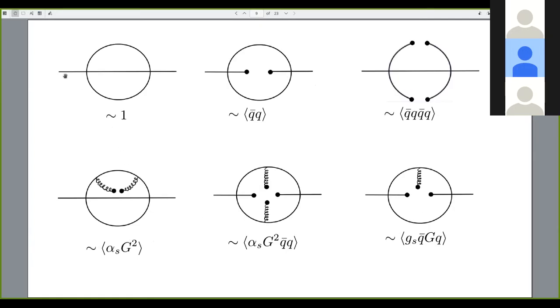So basically, we can see the first one is the perturbative, where we do not include the radiative corrections. Then the chiral condensate, four-quark condensates, gluon condensate, mixed condensates, and so on.